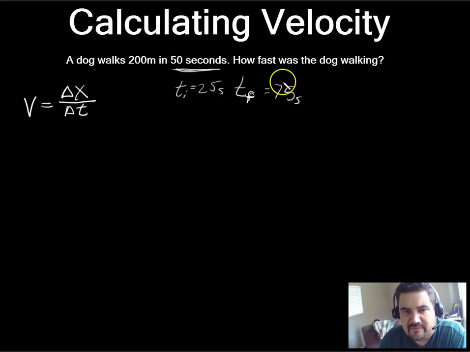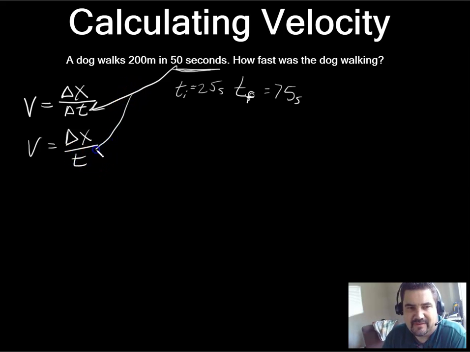So this is the final time, and it started at this time. So it didn't start when time was 0. That's why they put change in time, because how much did the time change? Most of the time we just take this number and stick it right in there. So most of the time you'll just see it like this. This is the exact same thing. So you can just stick that time in there.